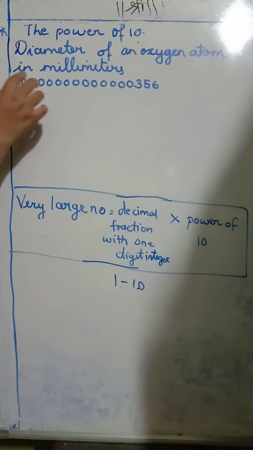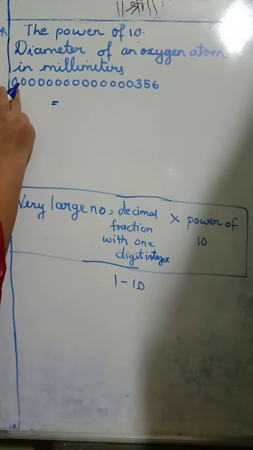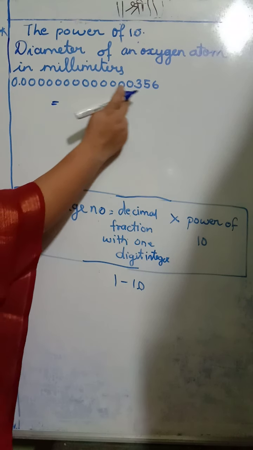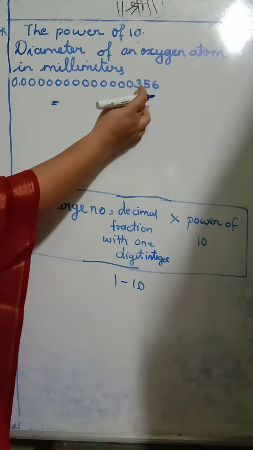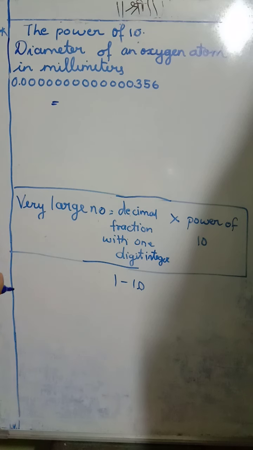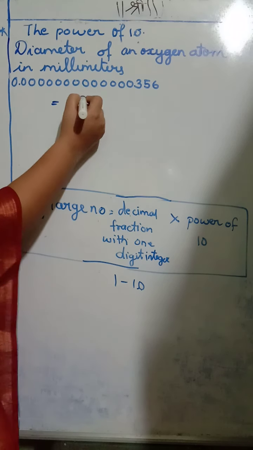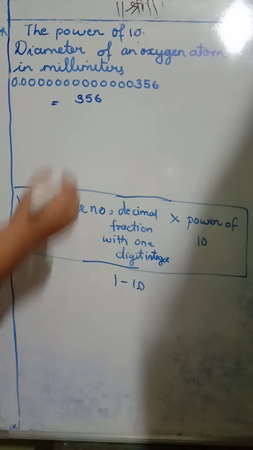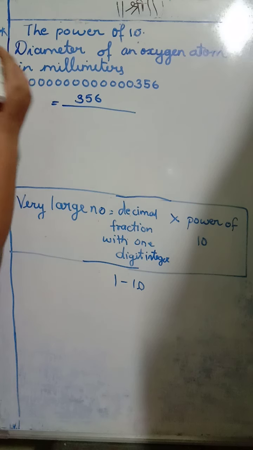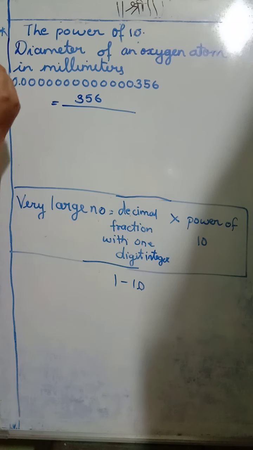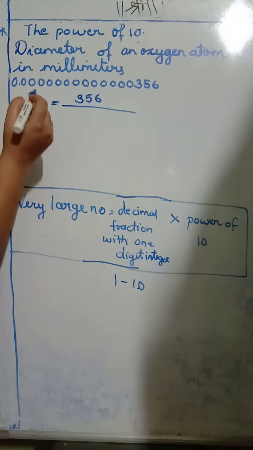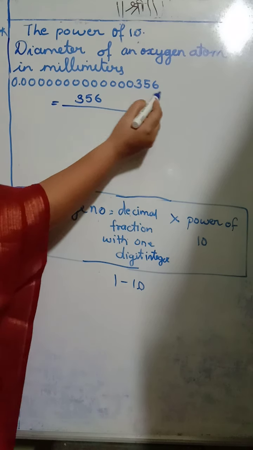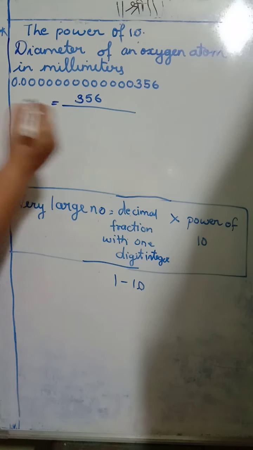For this, first we will write this number in numerator and denominator form. Here there are only 0 digits, but are we having digits other than 0 here? So if you want to write in numerator and denominator form, then only 356 will be at the numerator, and the denominator will have the number 1 and that many zeros as there are decimal places.